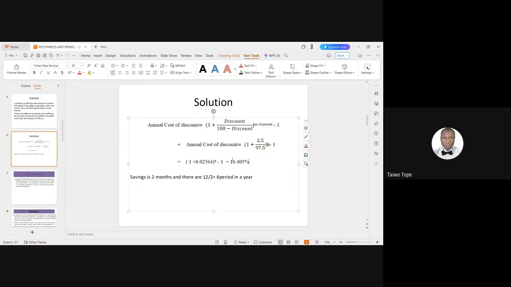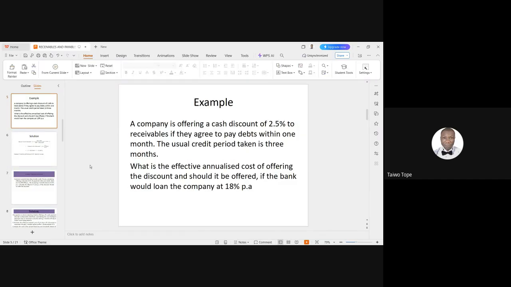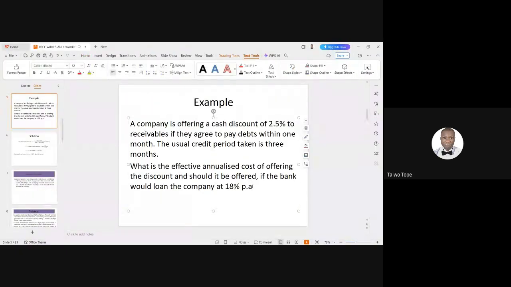So the question wants us to determine what is the effective annualized cost of offering the discount, and should it be offered if the bank will loan the company at 18%. Now, we are trying to compare if we should get a loan from the bank within that 1 month at 18% and give a cash discount at the rate of 2.5%, which is beneficial for us?